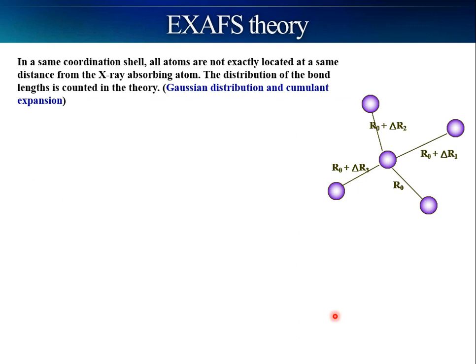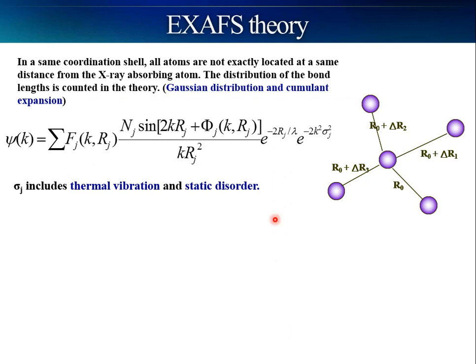All atoms are not exactly located at the same distance. When we distribute the bond length, the cumulant expansion is added. So look at this sigma square. The Debye-Waller factor sigma square includes the thermal vibration and static disorder.